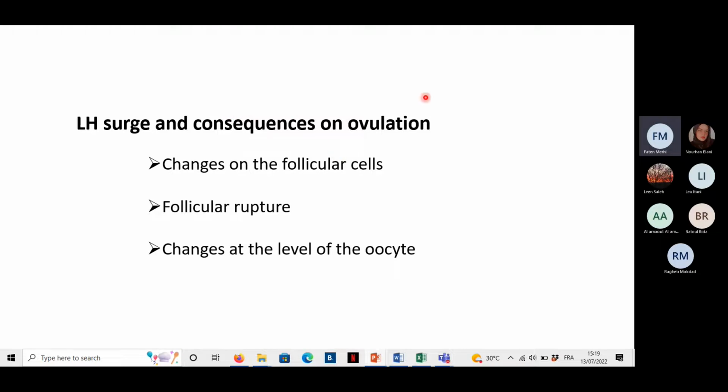Okay, it will lead to the ovulation. It will lead to changes on the follicular cells. It will lead to changes at the level of the oocyte, okay, and those changes at the level of the follicles and the follicular rupture will lead to the ovulation.